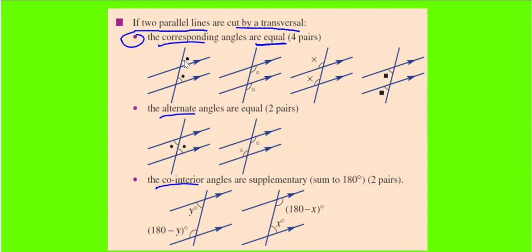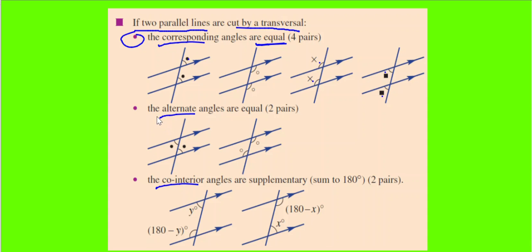So if this was 60 degrees, this angle is going to be 60 degrees. There are different positions. If the angle's here, then the corresponding angle's there. If the angle's here, then the corresponding angle is up here. And if there's an angle here, then there's a corresponding angle there. They're all examples of corresponding angles.